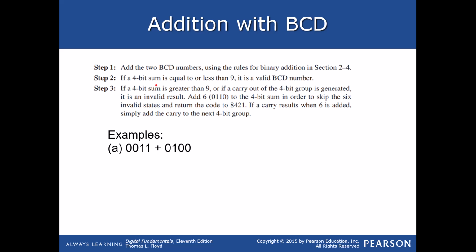Recall that BCD, binary coded decimal, only recognizes the digits from 0 to 9. So for 0, this is 0, 0, 0, 0, up to the 9, which is 1, 0, 0, 1. Anything else is not considered part of it.